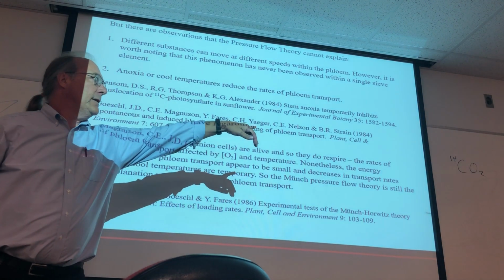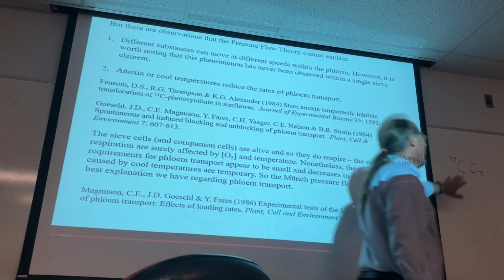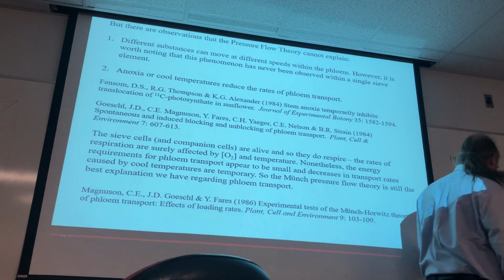And if you feed the leaf 14CO2, you can watch it as it moves through the plant, by where it's decaying in the plant. Carbon-14 has a really long half-life though. And so when you do these experiments with C14, pretty soon the whole plant is covered with C14 and you can't tell where anything's going anymore, because it's all radioactive, right? Then you have to dispose of this stuff too, which is very expensive. So people don't tend to use C14 anymore very much.